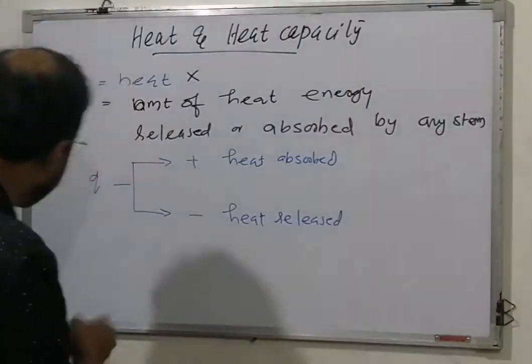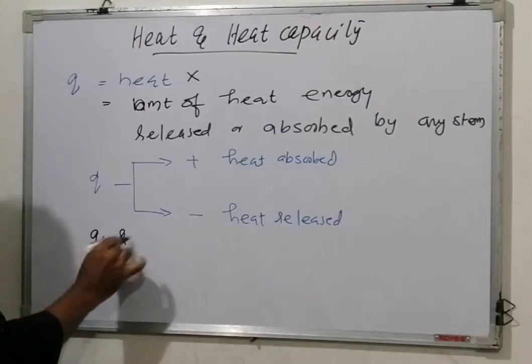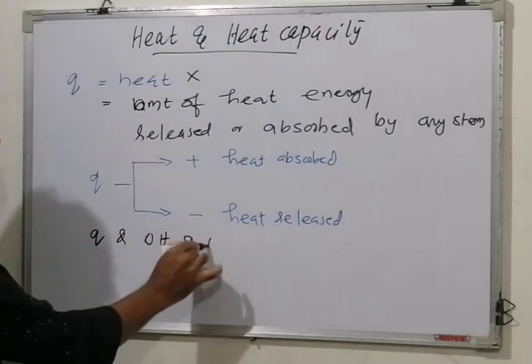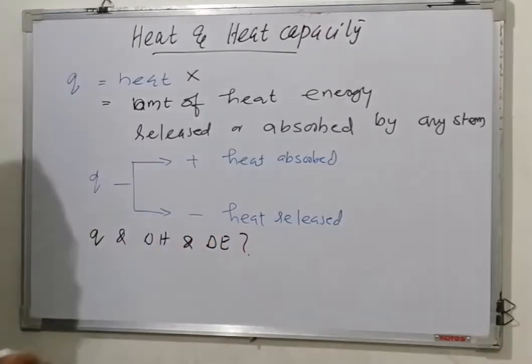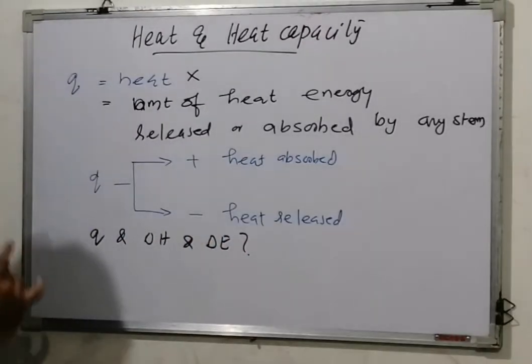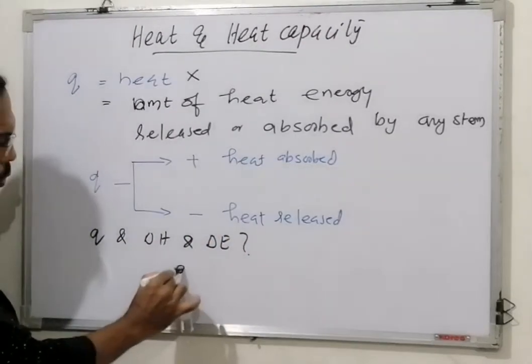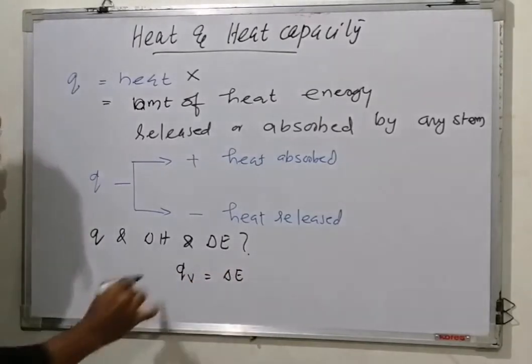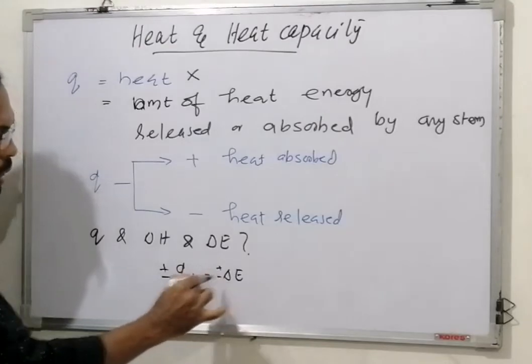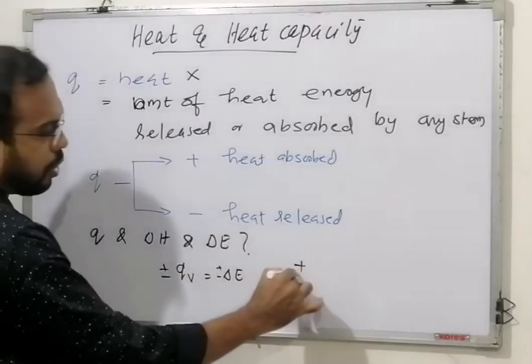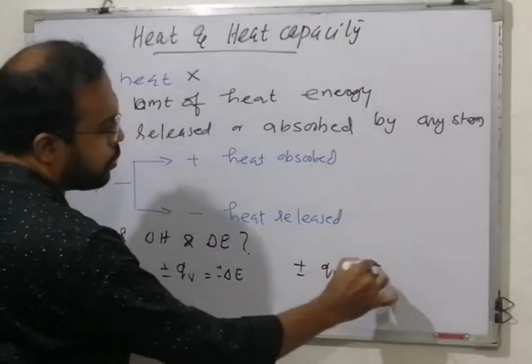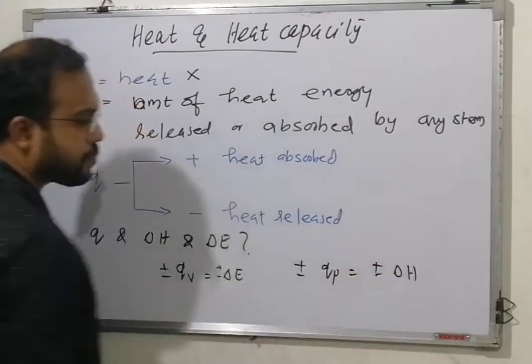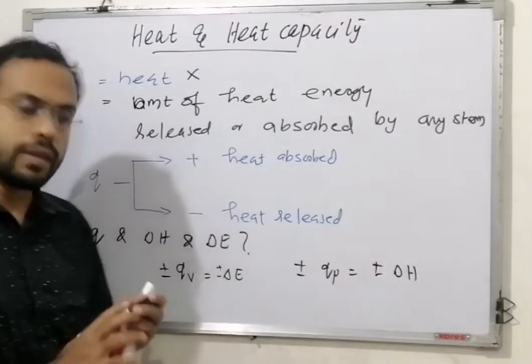Now, is there any relation between Q, delta H and delta E? Of course. QV is delta E. Plus or minus QV is plus or minus delta E. Plus or minus QP is equal to plus or minus delta H. What is this?